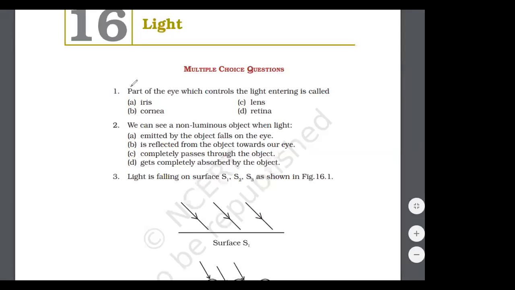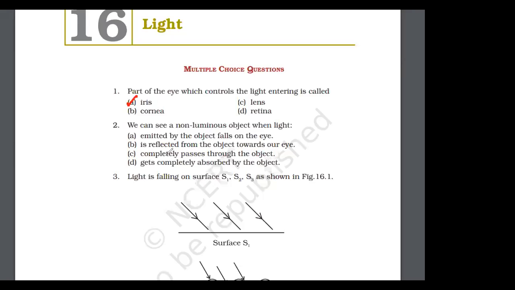Many of these questions were asked in the exam. Tell me, first one, what is the answer? Iris, very good.